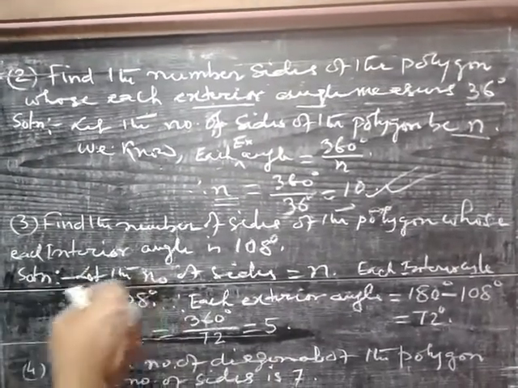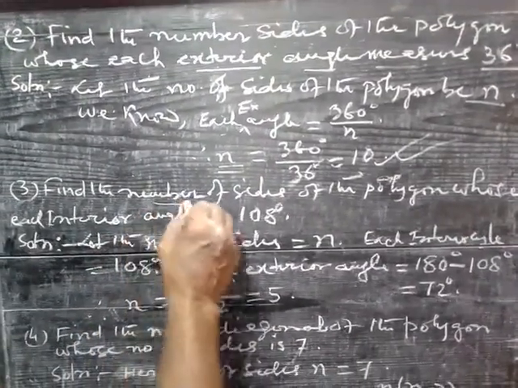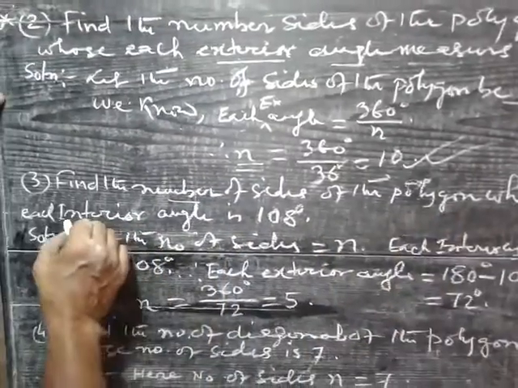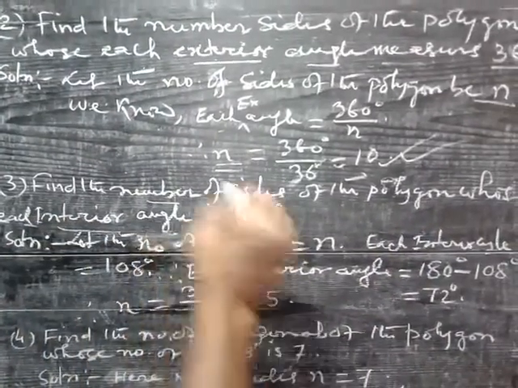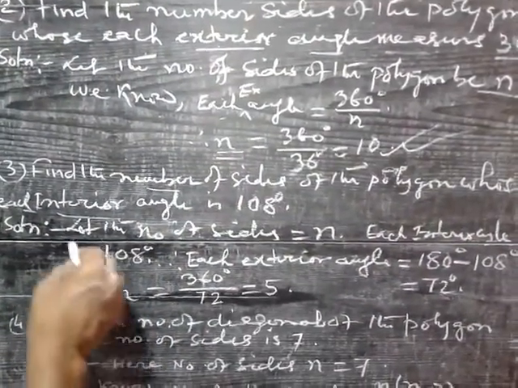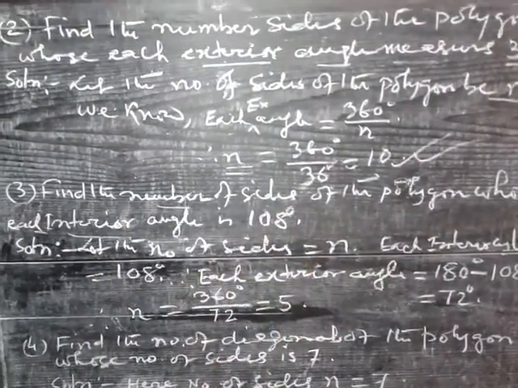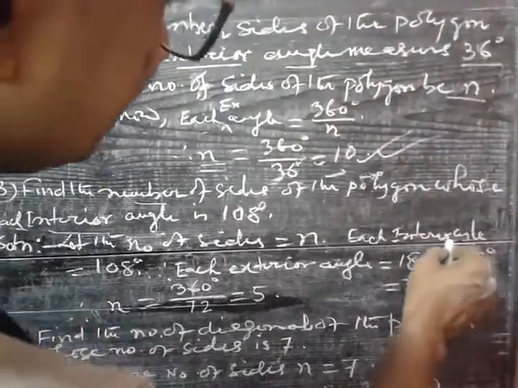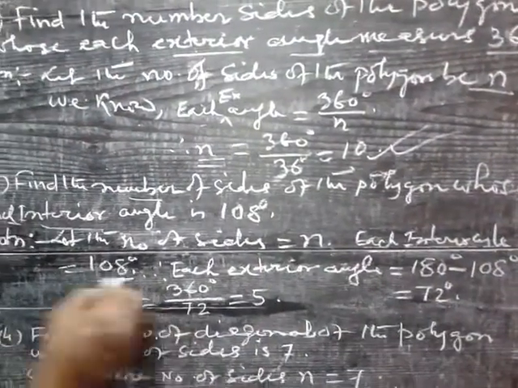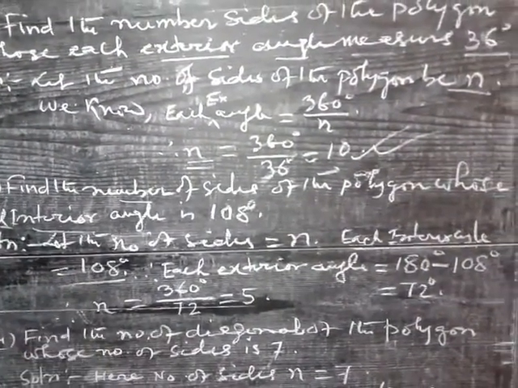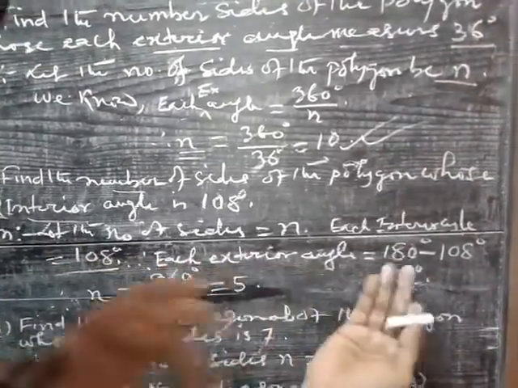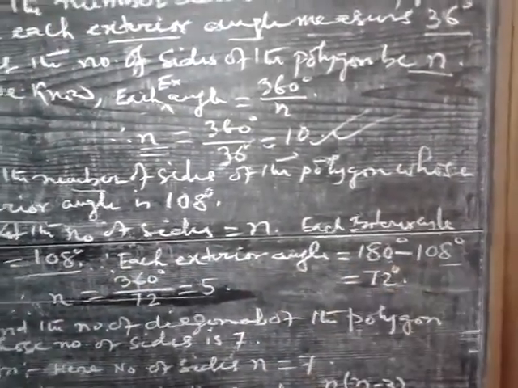Now, another type of problem I am giving here. Find the number of sides of the polygon whose each interior angle is given. See, let the number of sides be n. Each interior angle is 108 degrees. Then each exterior angle will be 180 minus 108.